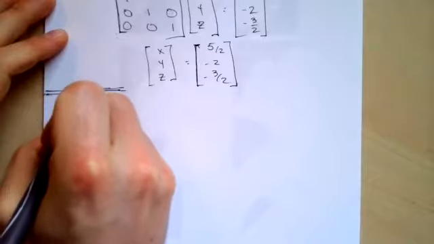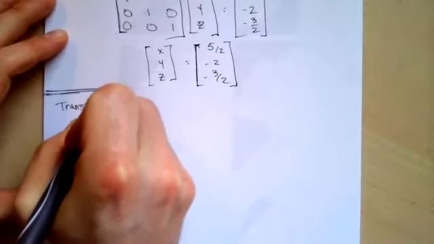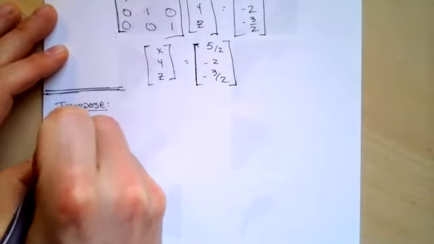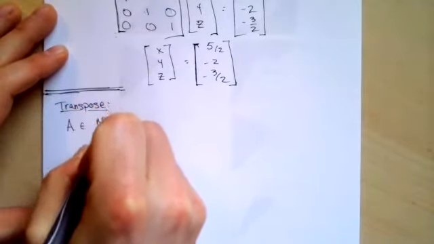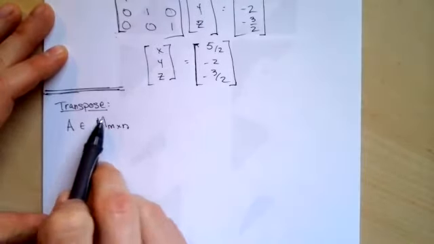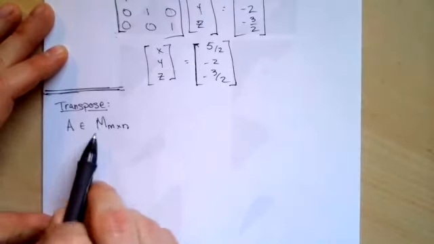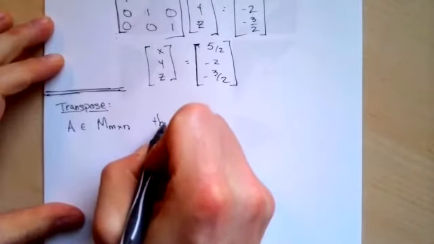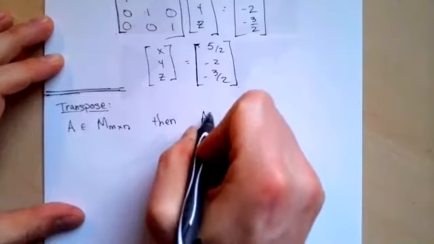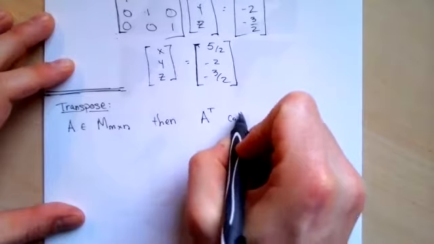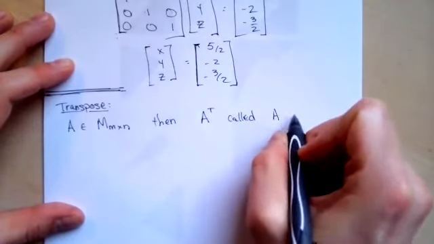So the transpose. So the transpose is just an operator. So if we have A, so again, this just means A is an m by n matrix. Capital M is the matrices. The lower indices tell us the dimensions of that matrix. Then we write an upper T, called A transpose.